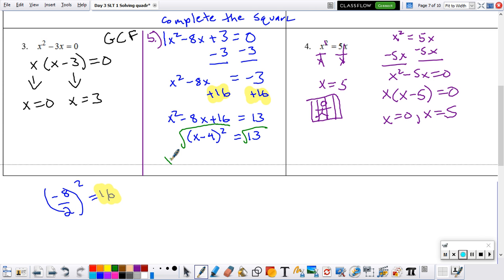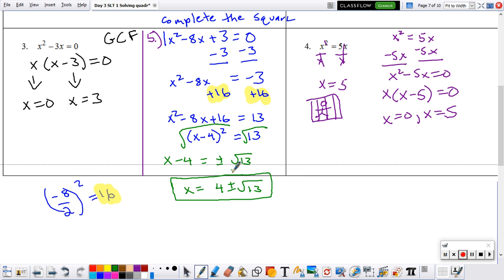We've got x minus 4 equals plus or minus the square root of 13, and add 4 to both sides. We get x equals 4 plus or minus the square root of 13. I didn't like that there was no other example of solving with square roots and completing the square.